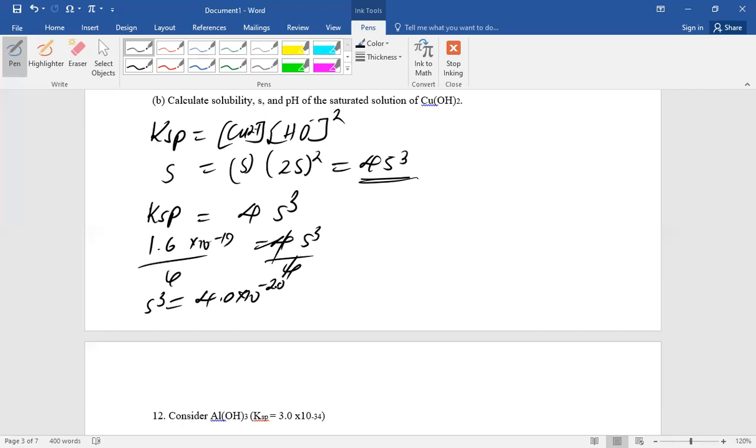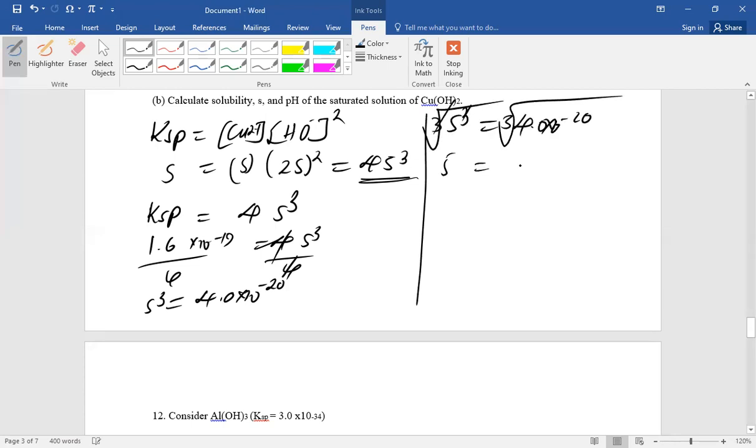Okay, so it's correct. Now we find the value of S. The cube root and the power 3 cancel, so S is equal to the cube root of this, to the power 1 divided by 3, which gives the value.